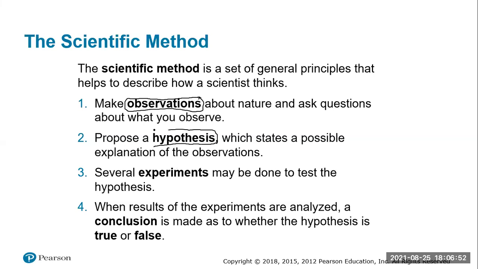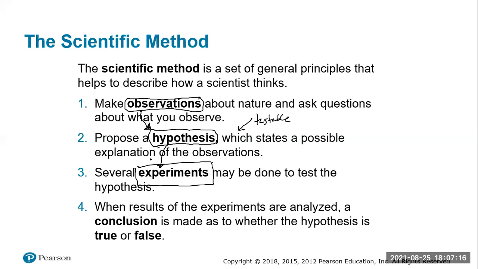A good hypothesis is testable, like you're able to do some type of experiment, you're able to put it to a test, an explanation of what you observe. So we make this observation, we make this hypothesis, then we go and test the hypothesis through experiments.